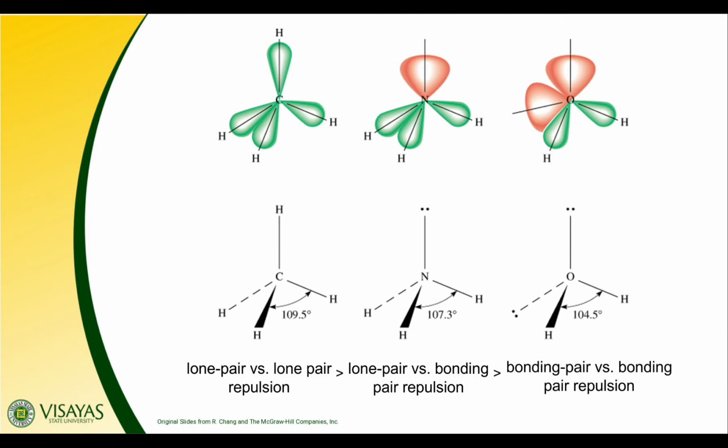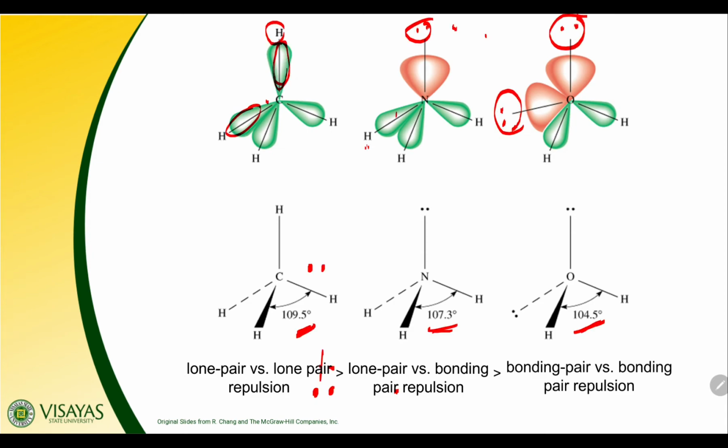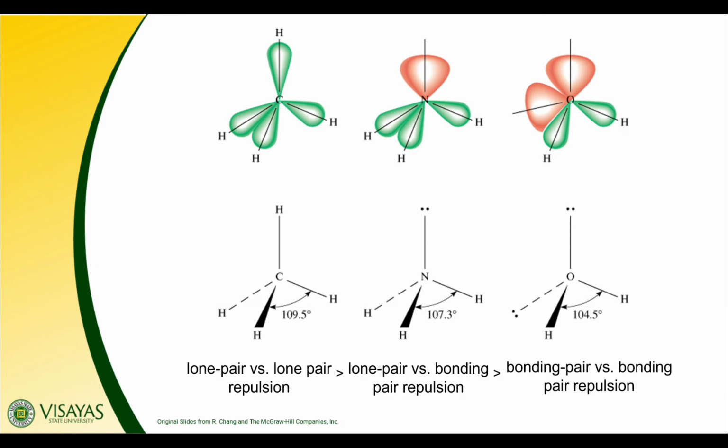Now in water, so instead of an atom here, we now have another lone pair. So we have a lone pair here and another one here. So we have now a lone pair repulsion. And as you can see, the bond angle here is decreased even more, which means to say the lone pair electrons have the largest repulsion.